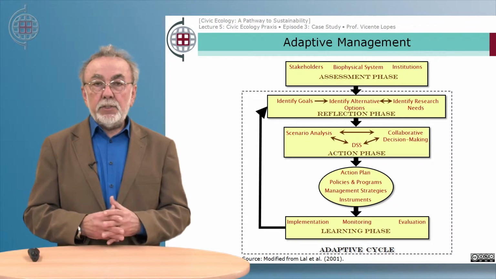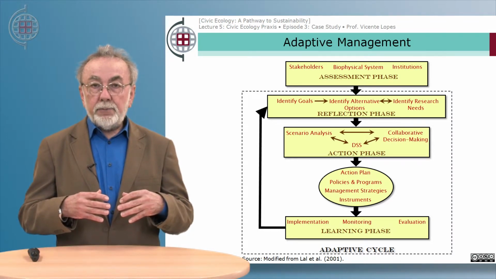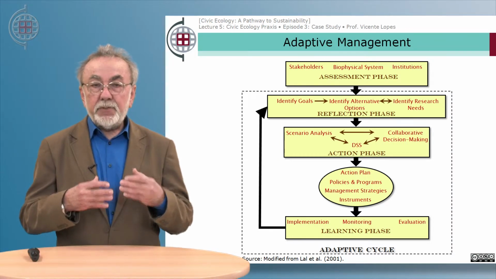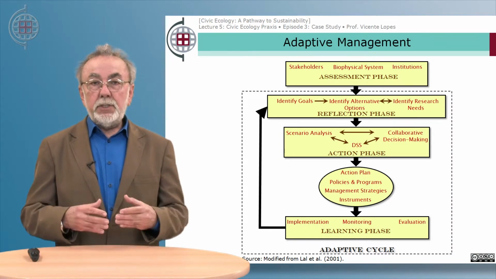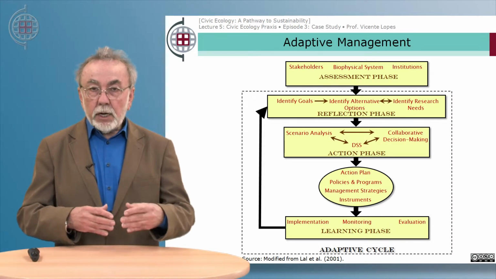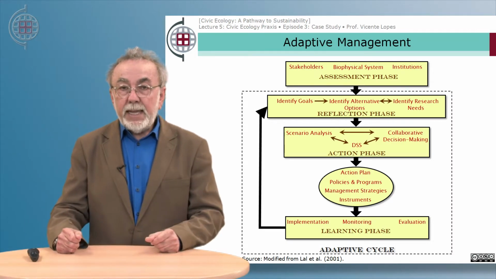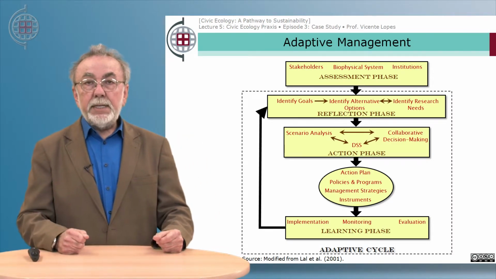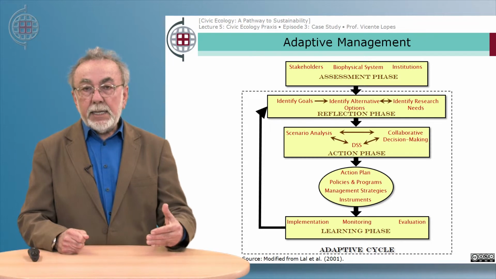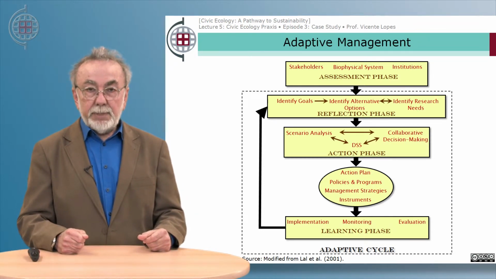The primary activities during the action phase were the development of scenarios using the decision support system, the model that was developed and conceptualized through participatory collaborative inquiry, and then also developing a vision and a process of collaborative or dialogical decision making.